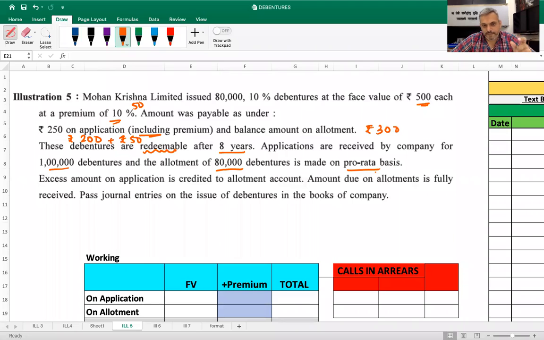And for those remaining 2 debentures which I did not get, that application amount will be adjusted in allotment. So here it is given: excess amount on application is credited to allotment account. Amount due on allotment is fully received. Pass journal entries on the issue of debentures in the books of company.